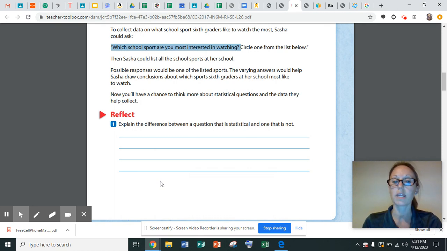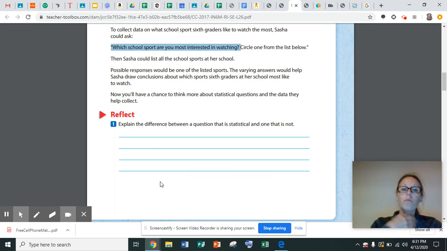They have a variety of answers. A non-statistical question has an exact answer. So you would write, statistical questions have variability, they have a variety of answers. Non-statistical questions have exact answers.